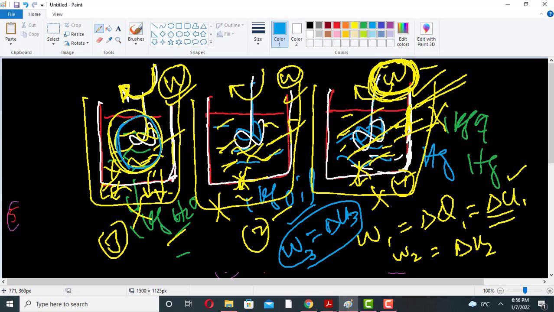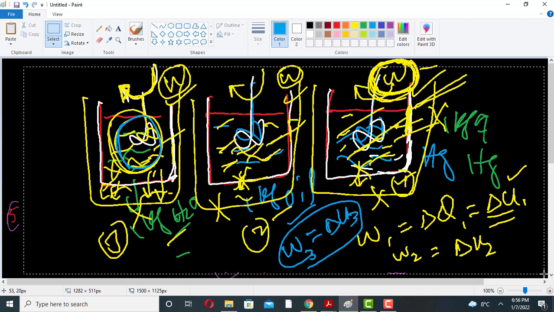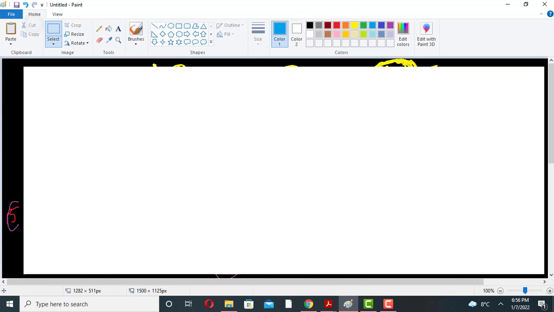Now, what is internal energy? Internal energy is nothing but it shows the motion of atoms or molecules of a system.